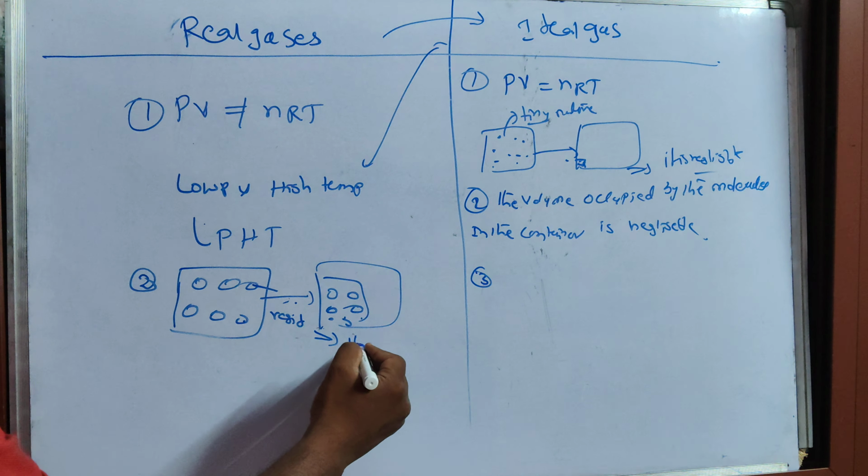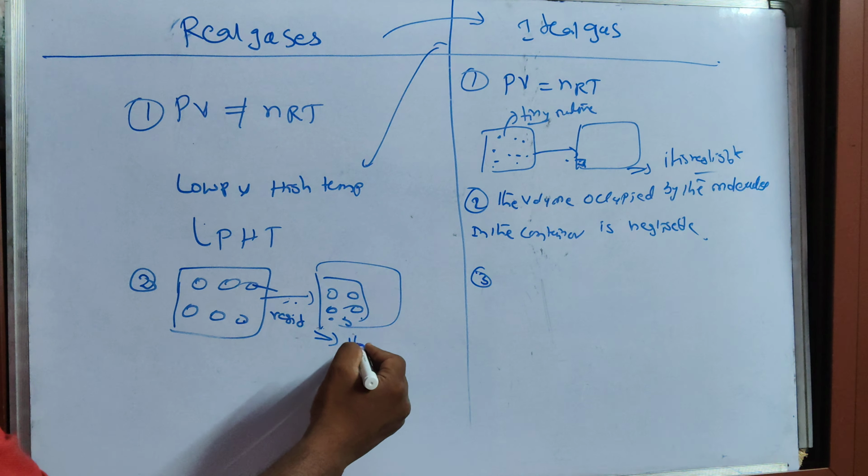But in the real case, the force of attraction is considered, whereas in the ideal gas no force of attraction is considered because these are very tiny molecules. This is the main difference between real gas and ideal gas.